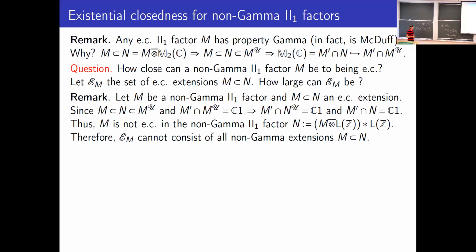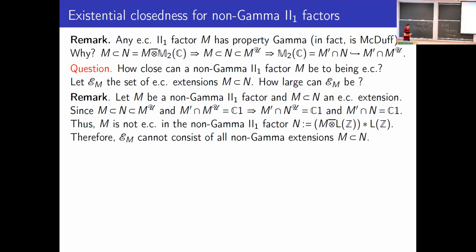And the II1 factors that Takai constructed that cannot be embedded in separable ones, they all are embeddable. So they're all going to be embeddable in the ultrapower of M.